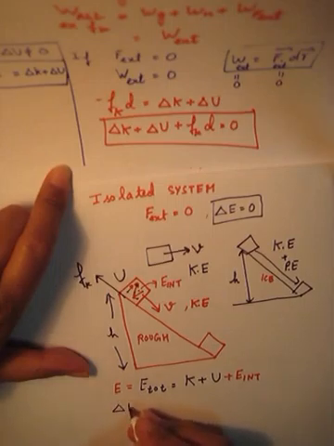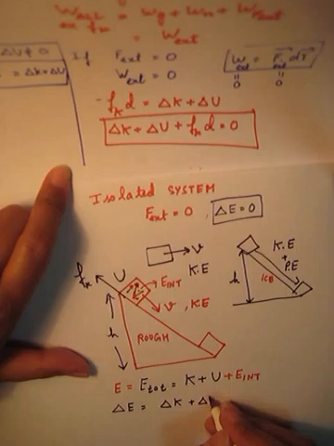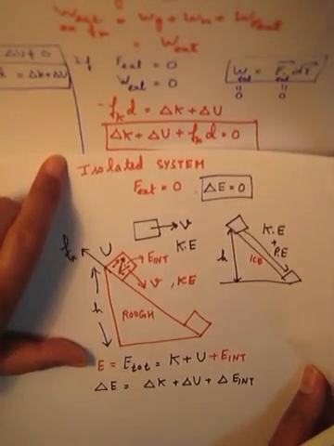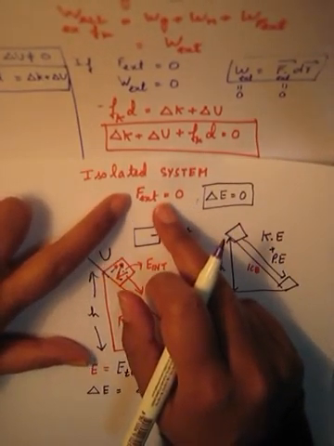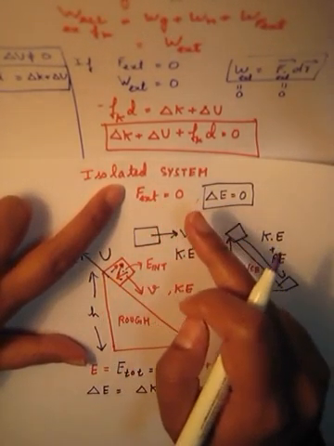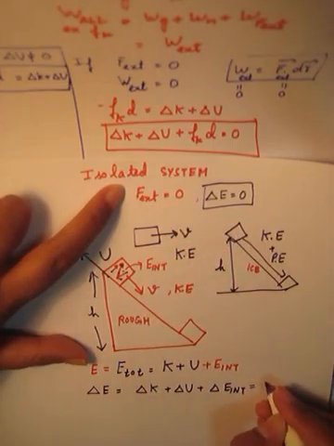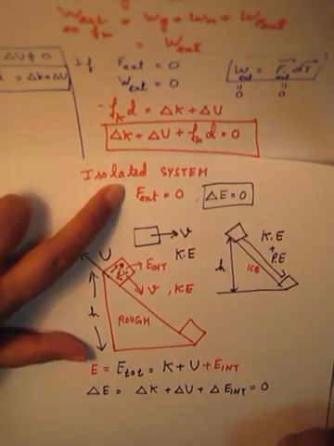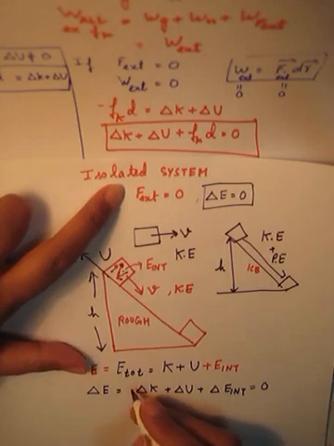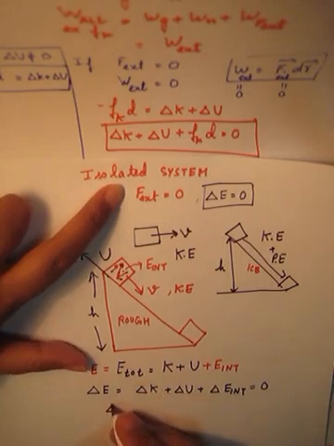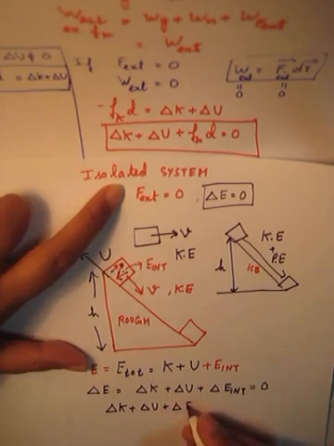So the change in total E will be delta K plus delta U plus the change in the internal energy. When we say that the system is isolated, then delta E must equal 0. So this equation, delta K plus delta U plus delta internal energy, is equal to 0.